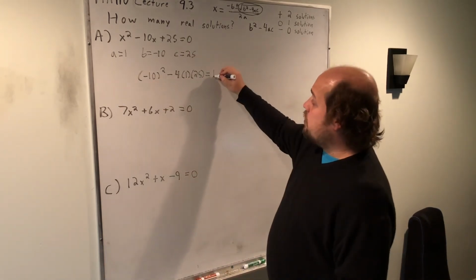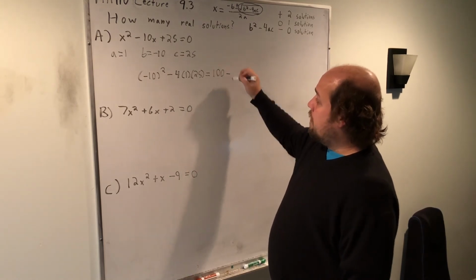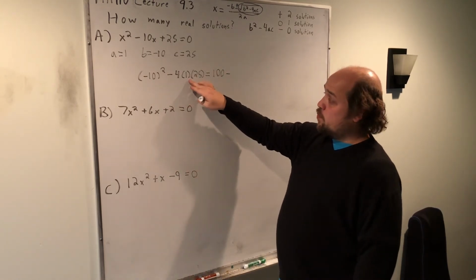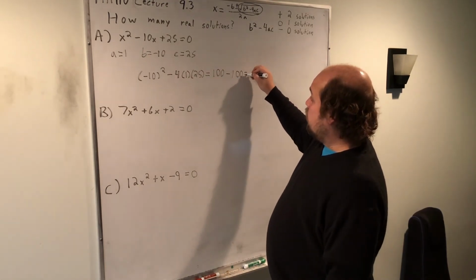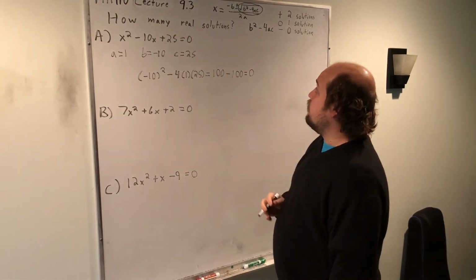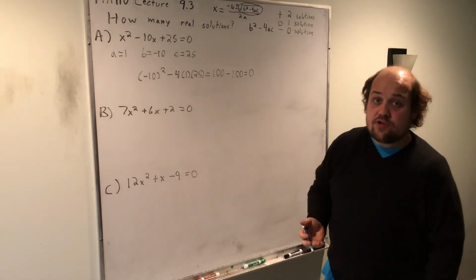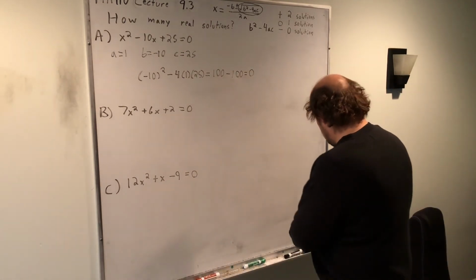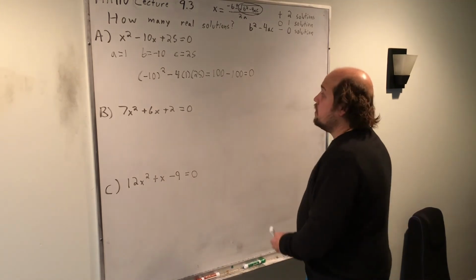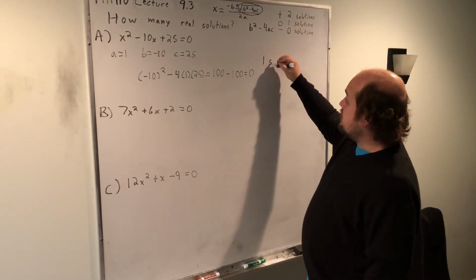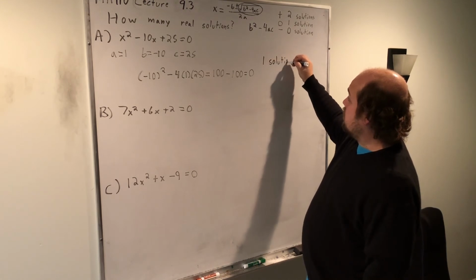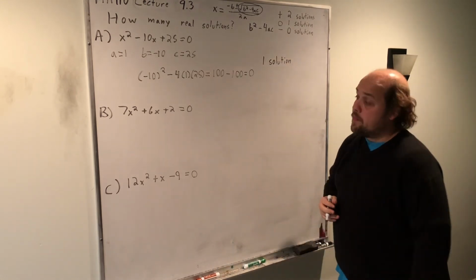Negative 10 squared is 100, minus 4 times 1 is 4, times 25 is also 100. We get 100 minus 100 equals 0 as the answer to our discriminant. When the discriminant is equal to 0, that's when we have exactly one solution. So I would say one solution as the answer to this problem.